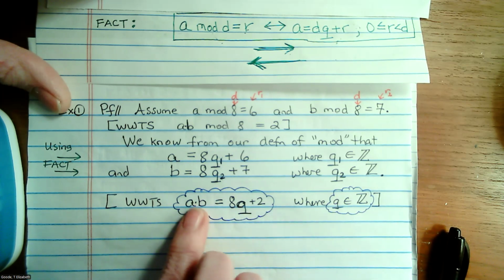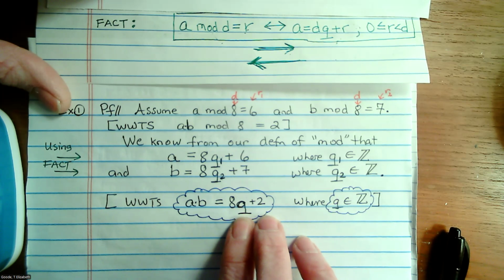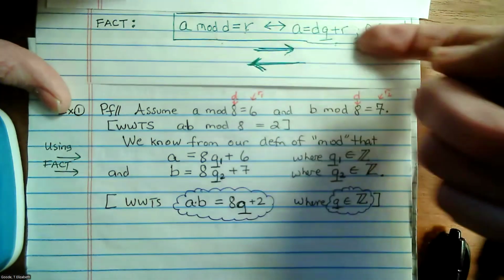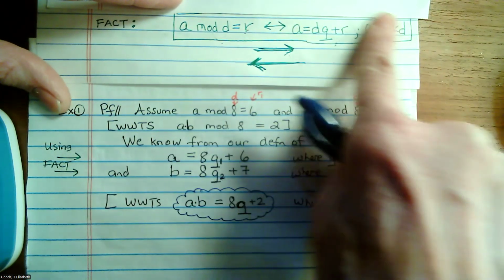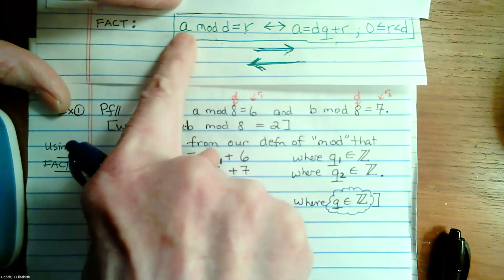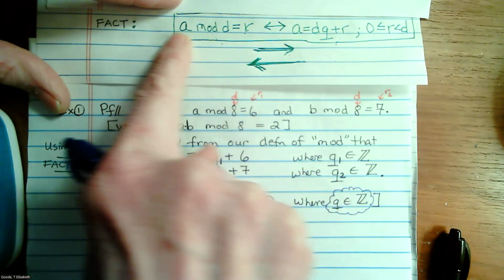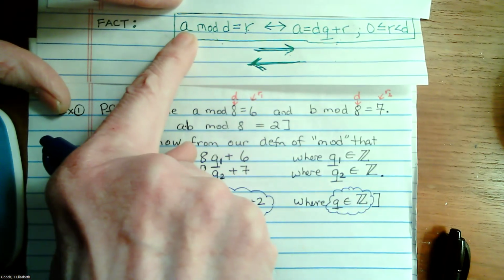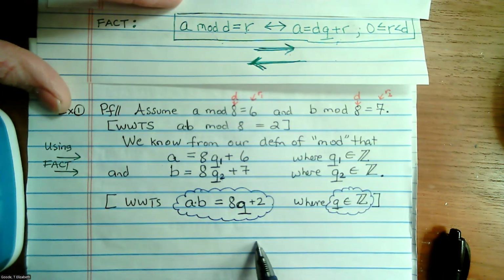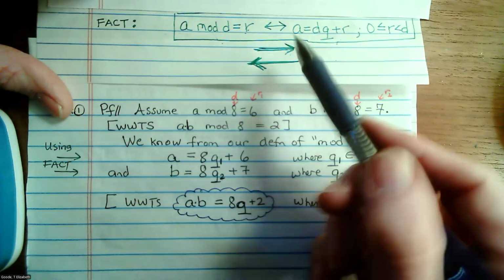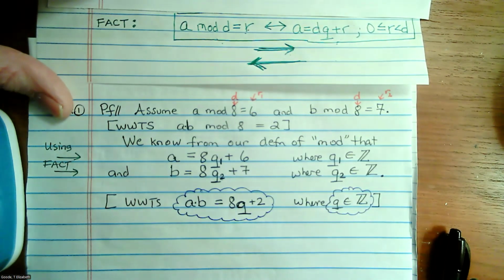If we can establish that AB looks like 8 times something that's an integer plus 2, then we can use the fact in this direction because we will have established this. And then we get to go back and say, by the fact in the other direction, AB mod 8 equals 2. See what I mean? So this is our roadmap, and we're practicing using the fact in two directions.